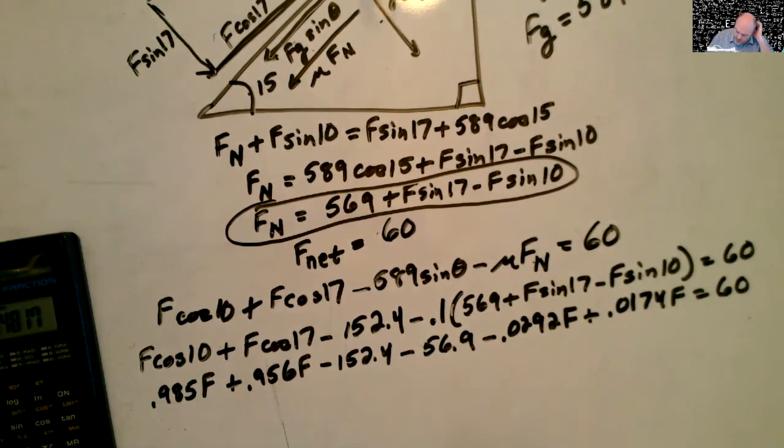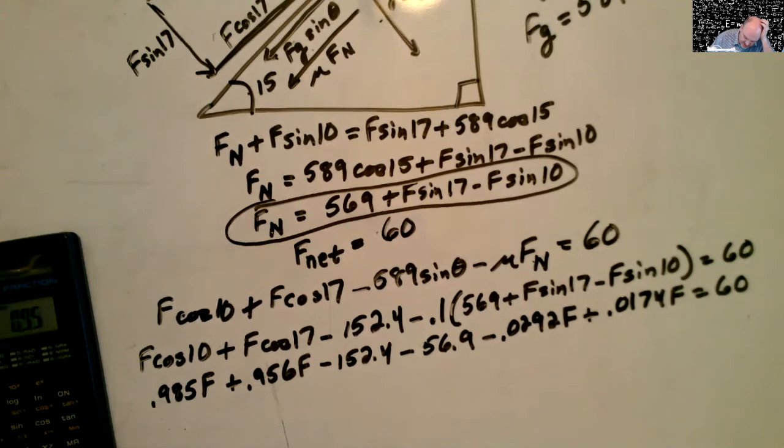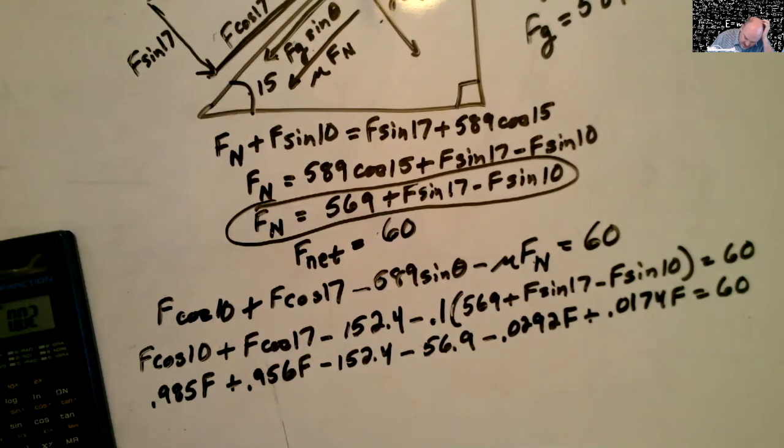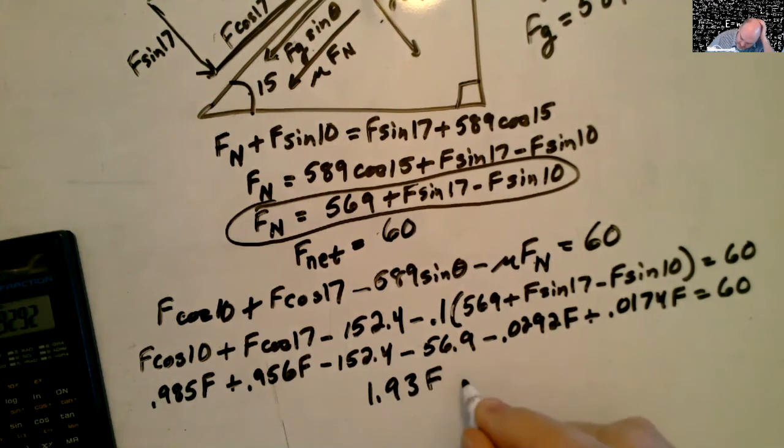So what we're going to do is combine all the F terms. I have 0.985 F plus 0.956 F minus 0.0292 F plus 0.0174 F equals, and I get 1.93 F equals.